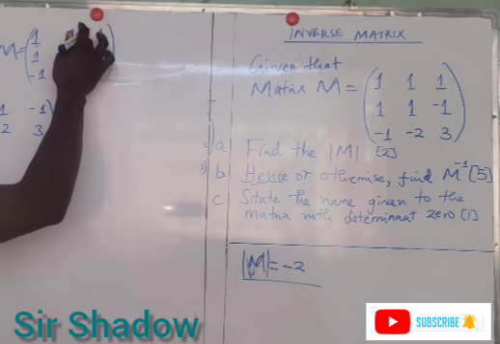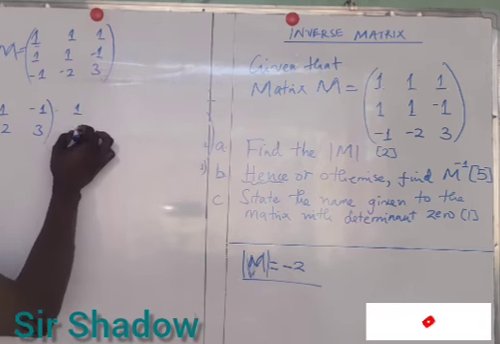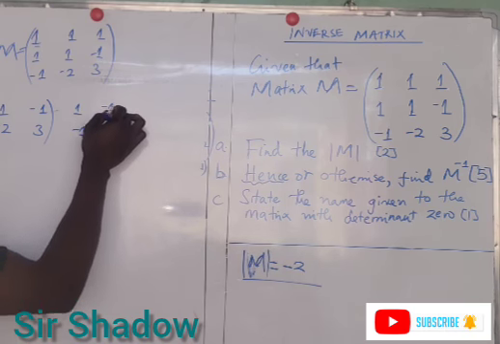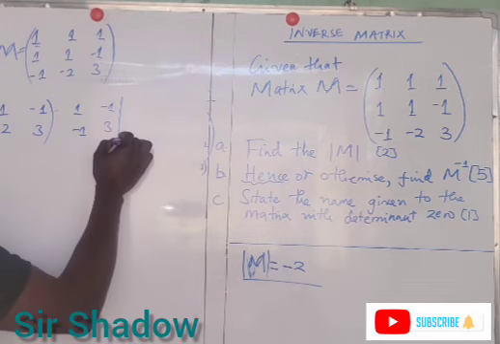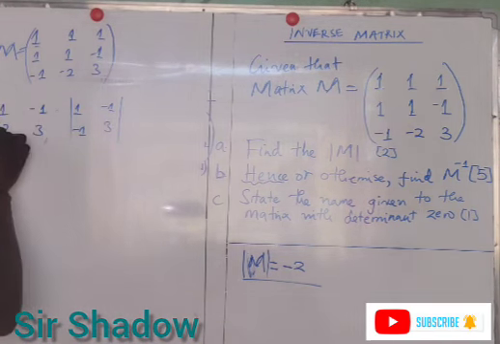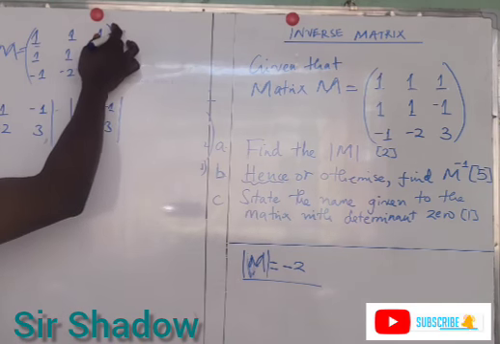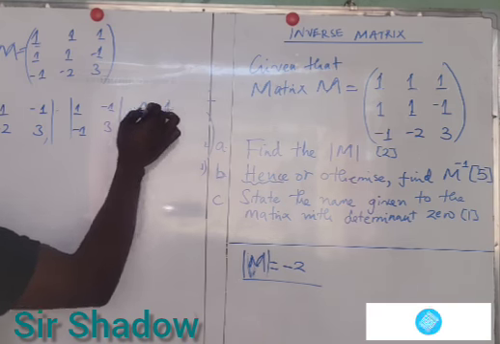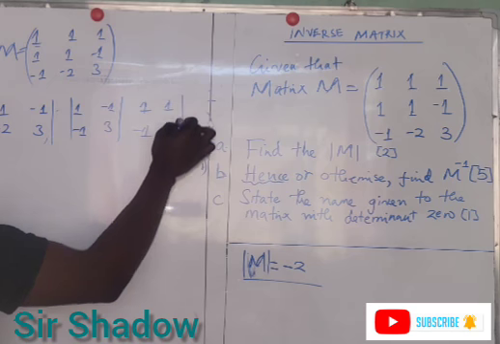The next 1 is collecting 1, minus 1, minus 1, and 3. Then the last value in the row, 1, is collecting 1, 1, 1, negative 1, negative 2.